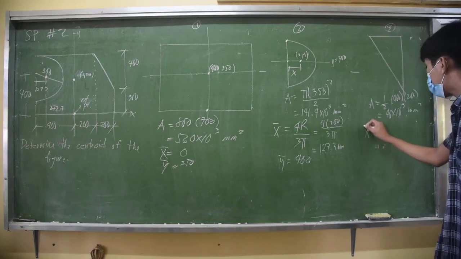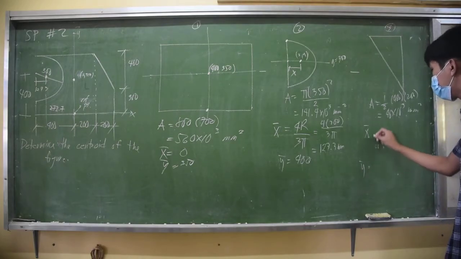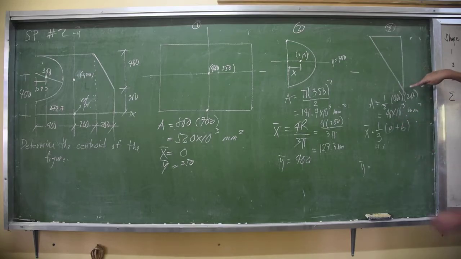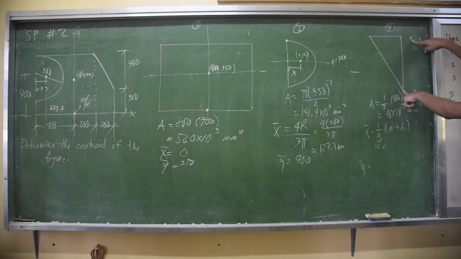So your x bar and your y bar. You have seen the formula, 1/3 of a plus b. The a here is the horizontal distance from the tip of the triangle to our reference point.